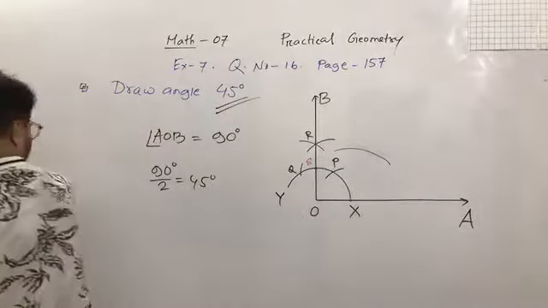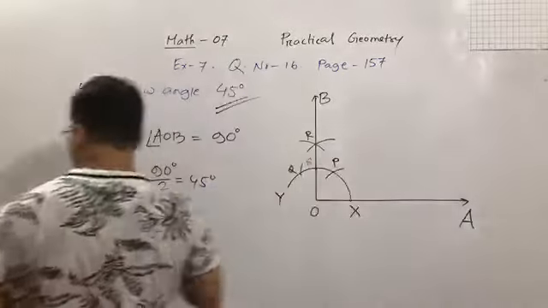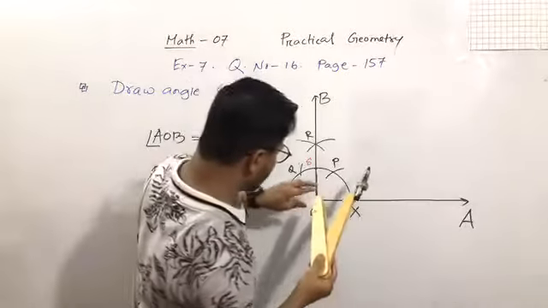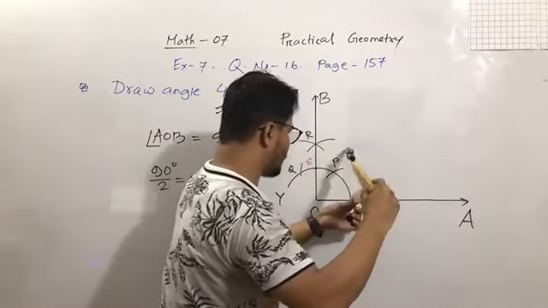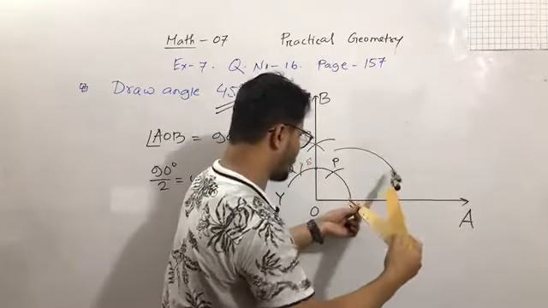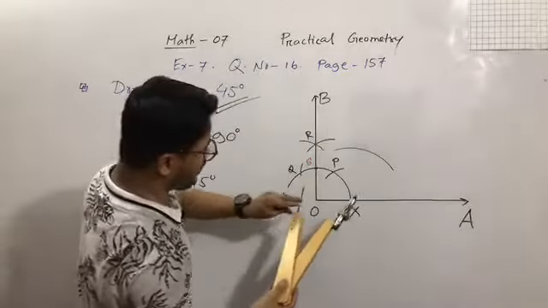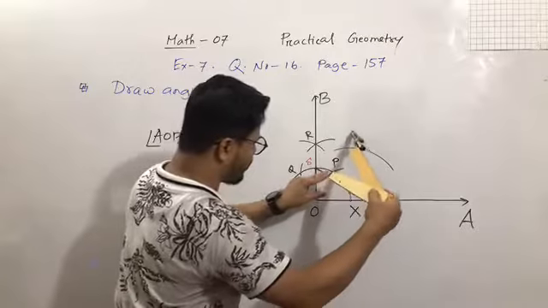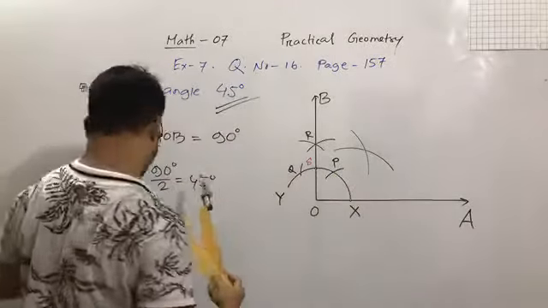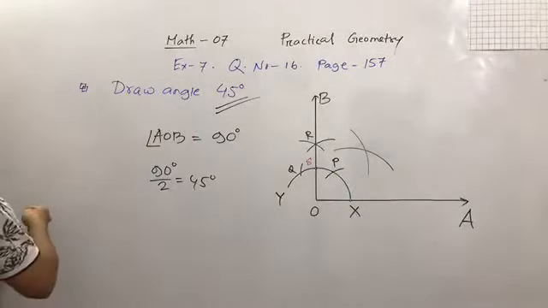Yeah, now it's okay, looks good. And another point here, OB, intersecting point, bisect. So already bisect down here.